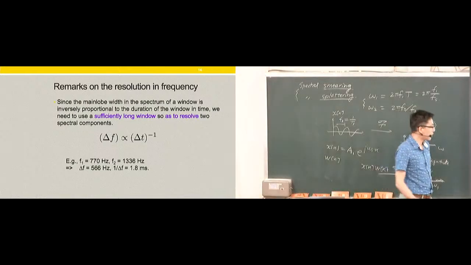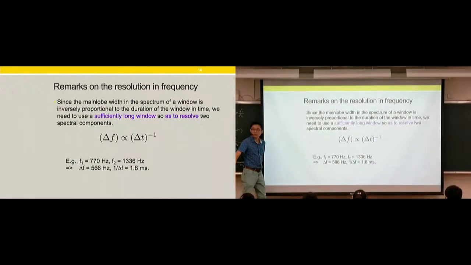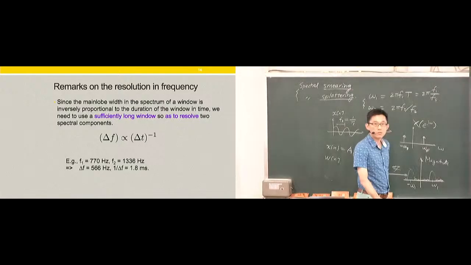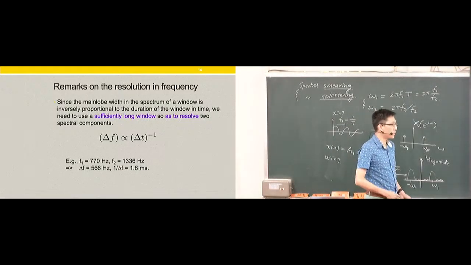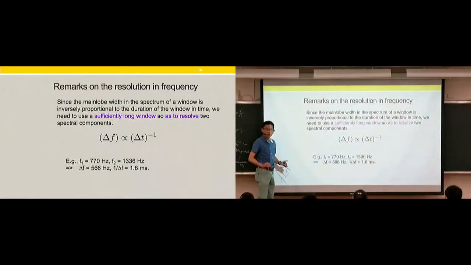So if you take the inverse, 1 divided by that equals 1.8 millisecond. So the button needs to be held there at least 1.8 millisecond for the two spectral peaks to resolve in the frequency domain. Otherwise, your resolution is not high enough.